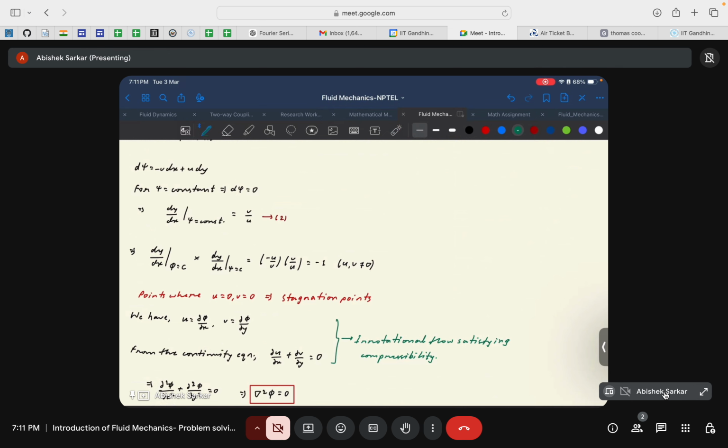Or the correct way to put it would be that lines of constant psi and constant phi are perpendicular to each other in the flow, except at the stagnation points.